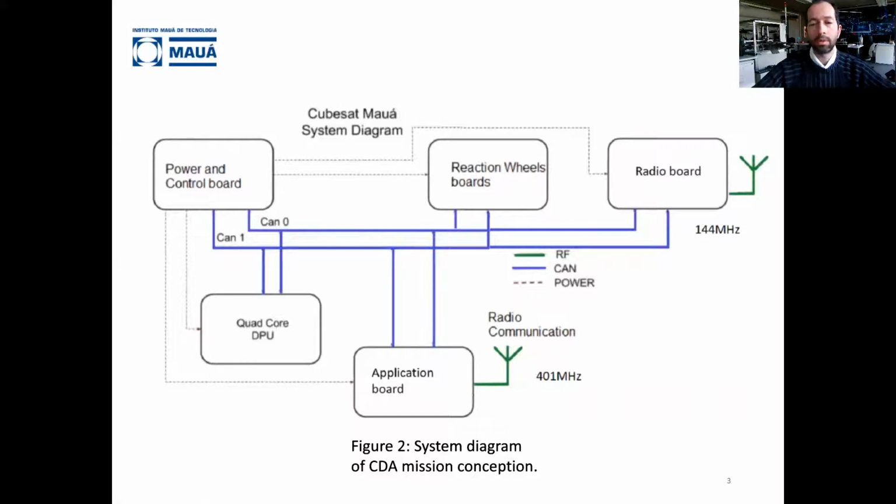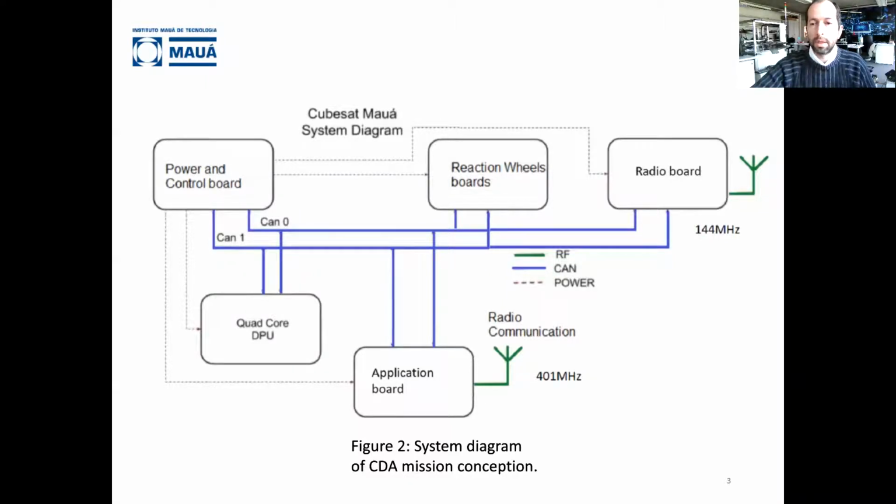Reaction wheel boards control 3 reaction wheels in 3 axes. Radio board is a special board because we have 2 frequencies of communications, 400 for Argus communications and 144 for communications between the Cubesat and the Mauá station radio.